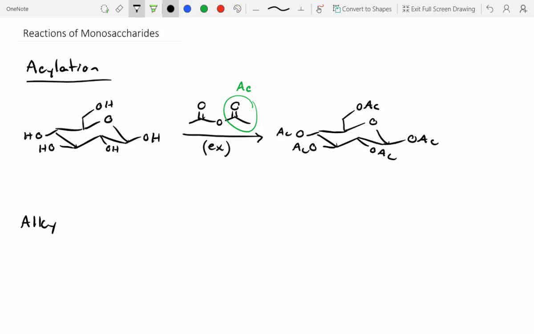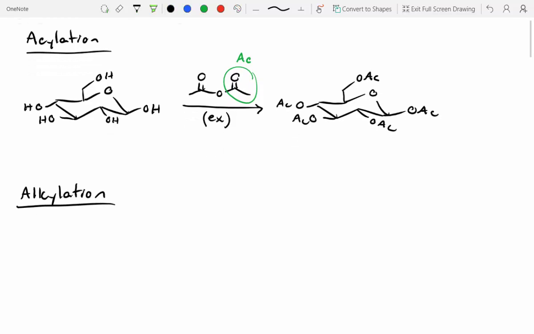The next one is alkylation. So let's say, again, we're going to use D-glucose.